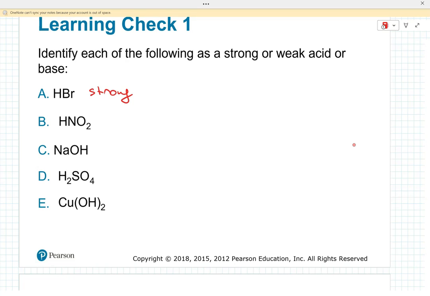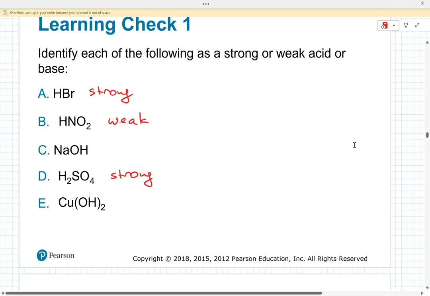Then keep looking: oxygen, nitrogen, sulfur, with the maximum number of oxygens. HNO3 is strong. HNO2, though, is weak. H2SO4 that we have on the list is strong because 4 is the maximum number of oxygens.